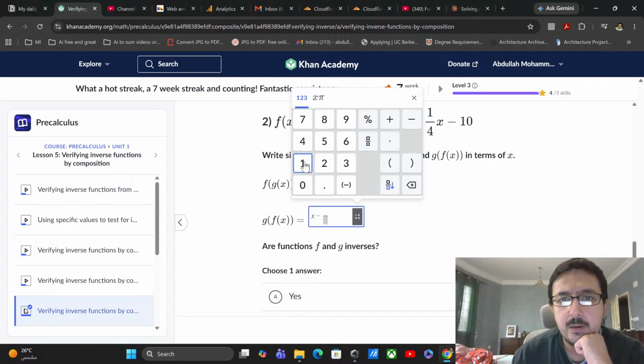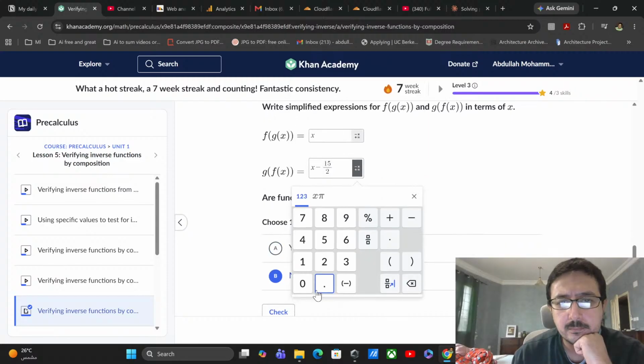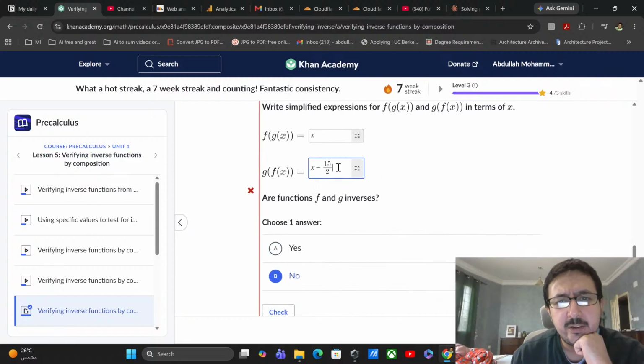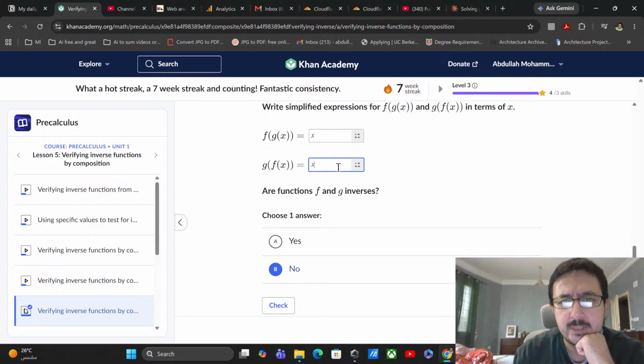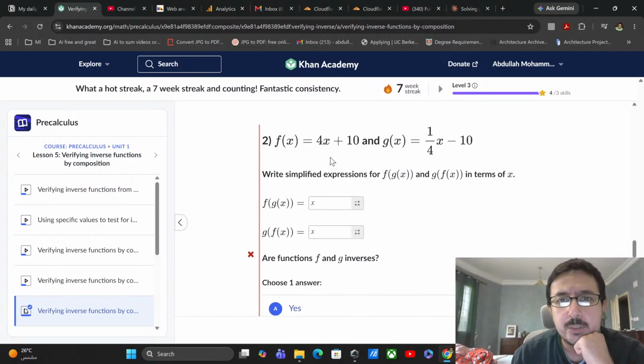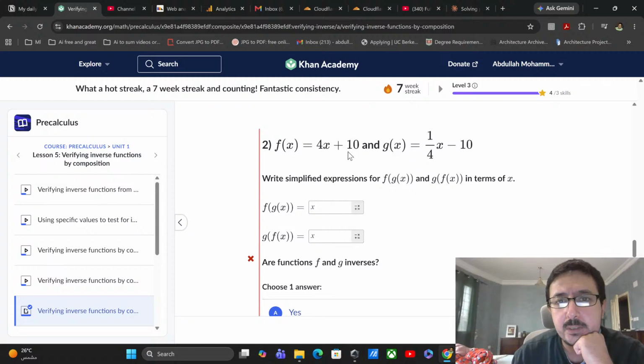Minus 15 over 2. Are you saying this is equal to x? It's wrong, I know. So what's happening? Here 4x plus 10.